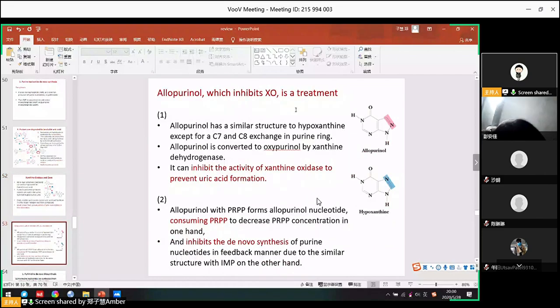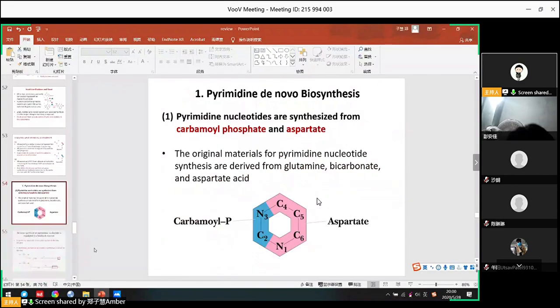And you have to know the treatment for gout, which is allopurinol. This is the treatment, and this is the working mechanism of allopurinol. You have to remember these working mechanisms here. This is a very important part.